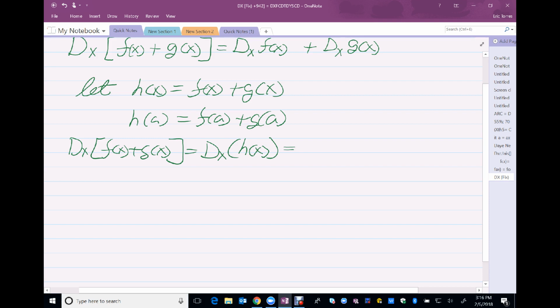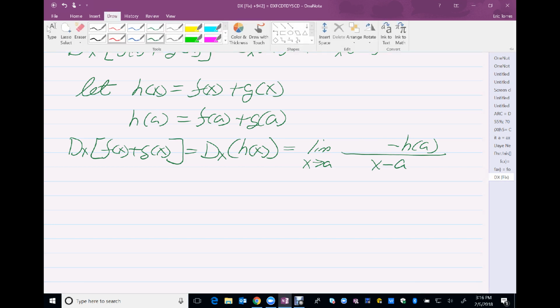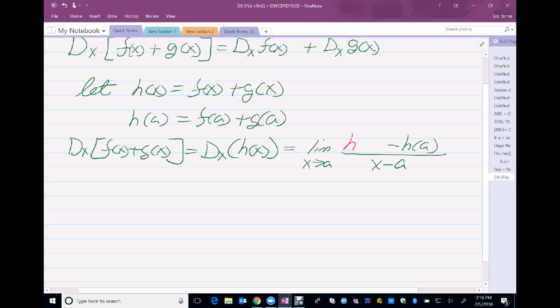Which in limit notation would look like this. The limit as x goes to a of, not f, h of x minus h of a over x minus a. And let me go ahead and color code this part here into red.